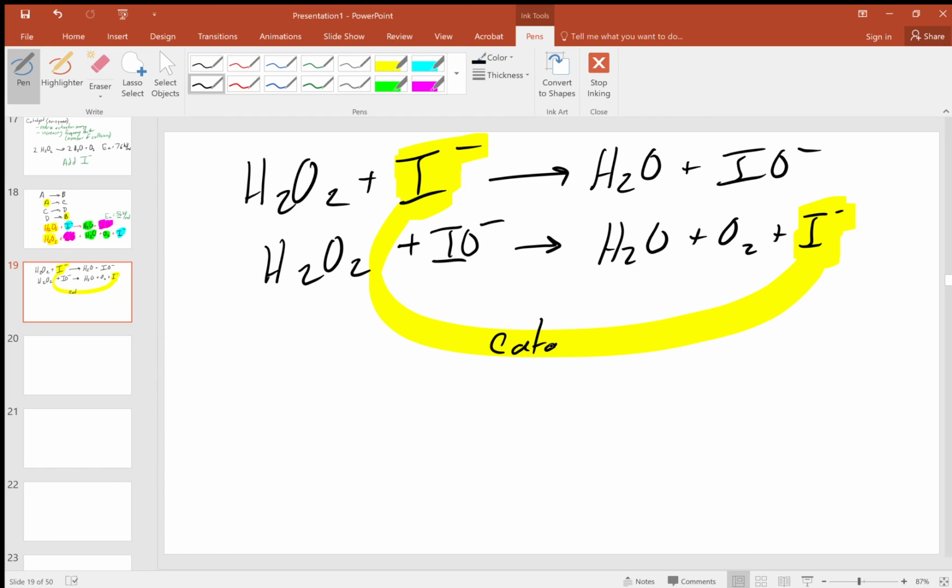It's something extra that we added, and it got used, but at the end it got regenerated. So during this reaction, the I minus got used and it got reformed. Therefore, the net is that the amount of iodide didn't change.